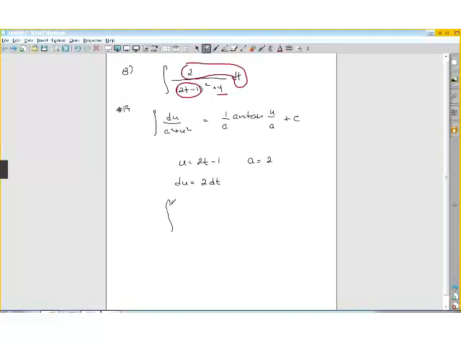And therefore the original equation can be rewritten as du divided by, and it doesn't matter which one's first, u squared plus a squared. And so that fits the rule. So we do the integration using the rule.